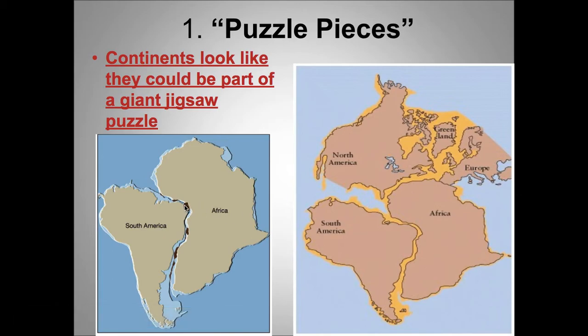These 2 places, especially like these little brown areas right here, that's where the continental shelves match down in the ocean. All right, so it's like, wow, those look like they go together. And even like this little part of Europe and North America, the eastern coast of North America and West Africa, they all look like you could put them all together. All right, so that's one piece of evidence.